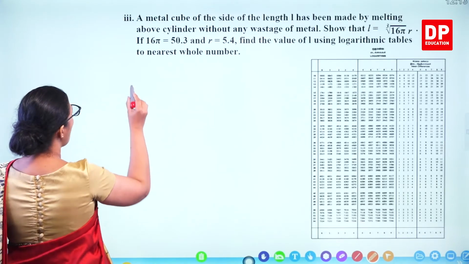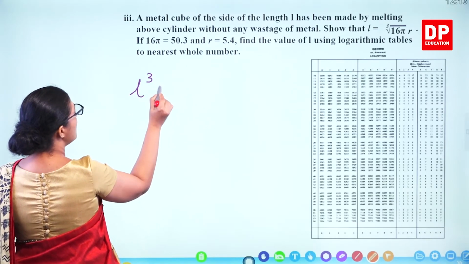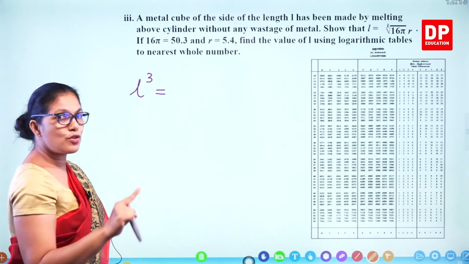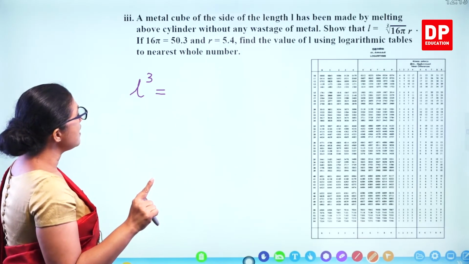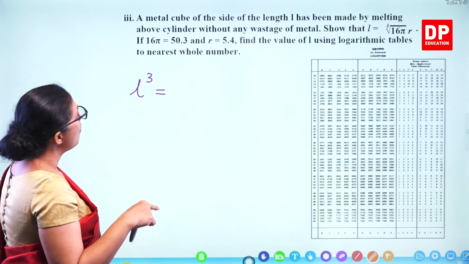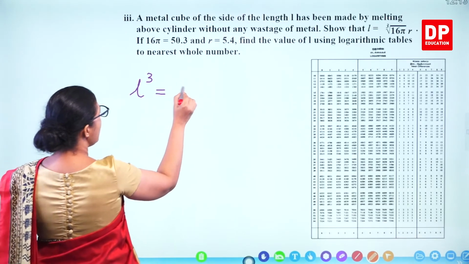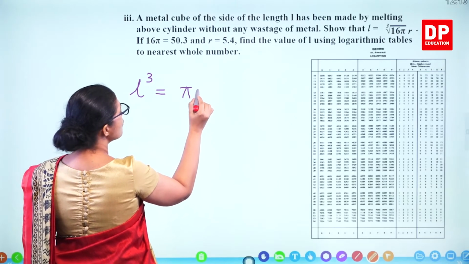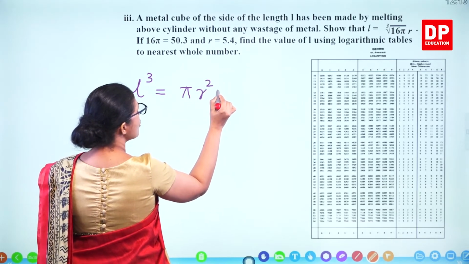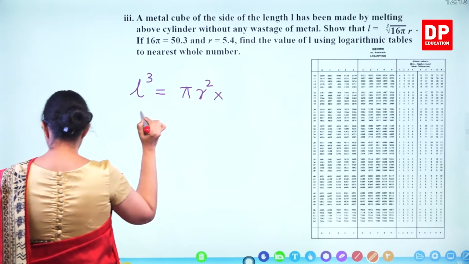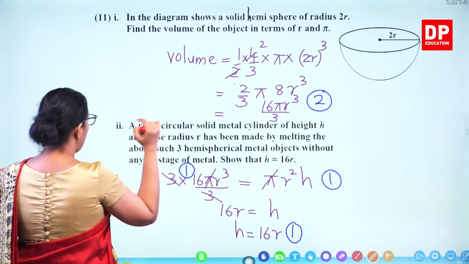So that means the volume of the cube is L cube, length into breadth into height. That's equal to the volume of the above cylinder. Pi r squared h. Instead of h, you can put 16r.